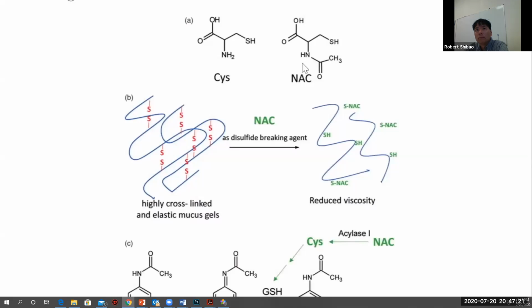That's why it's known as N-acetylcysteine. And as you can see here very clearly, NAC will break up these disulfide bonds and put hydrogens on them in the reduced state so that these strands will no longer be connected. So these highly cross-linked and elastic mucus gels get broken up and you get reduced viscosity.